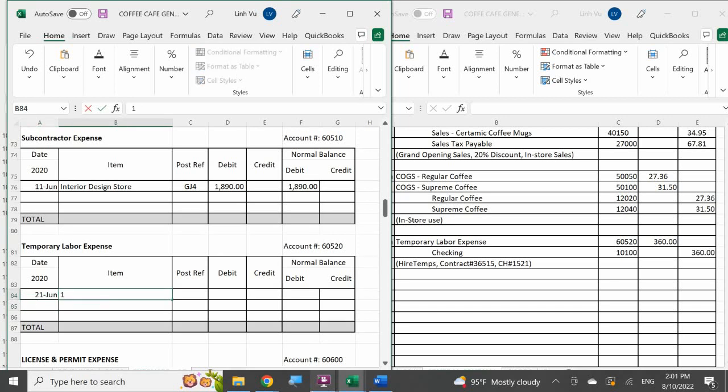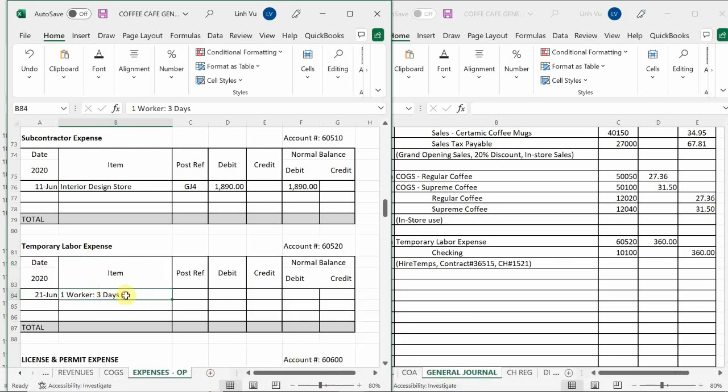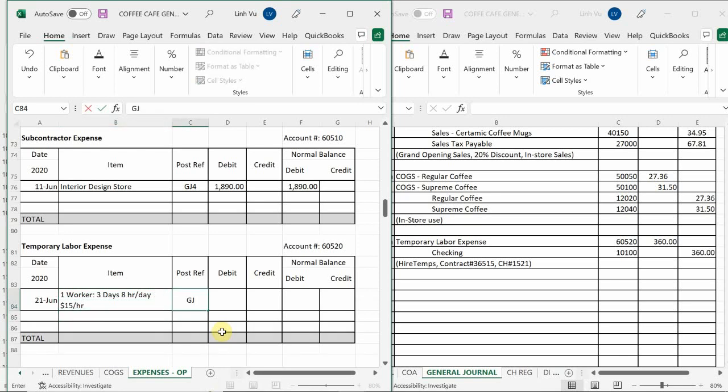Okay, you could put 1 worker, 3 days, 8 hours per day, $15 per hour. And it's on page 9. For $360.